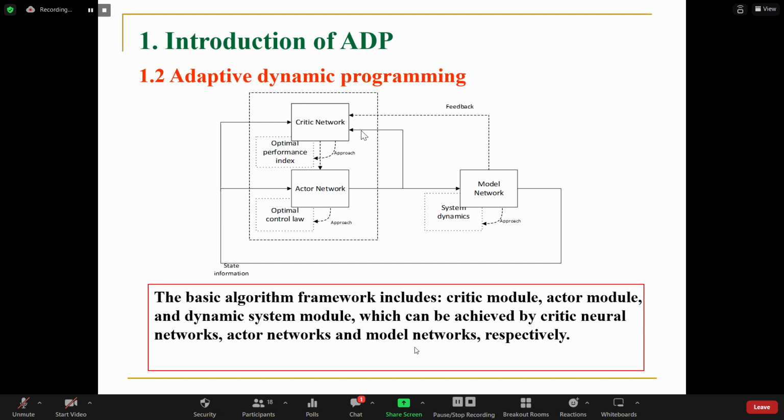The critic network is used for approximating the cost function, where the actor is for the control law. With the design of a model network identifying system dynamics, the closed loop is derived with neural networks. The critic and actor can be viewed as an agent, and the dynamic model is the controlled plant.